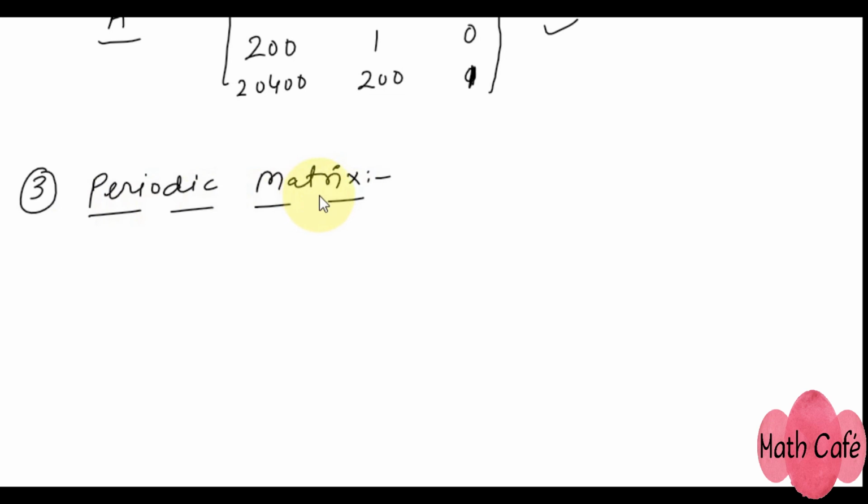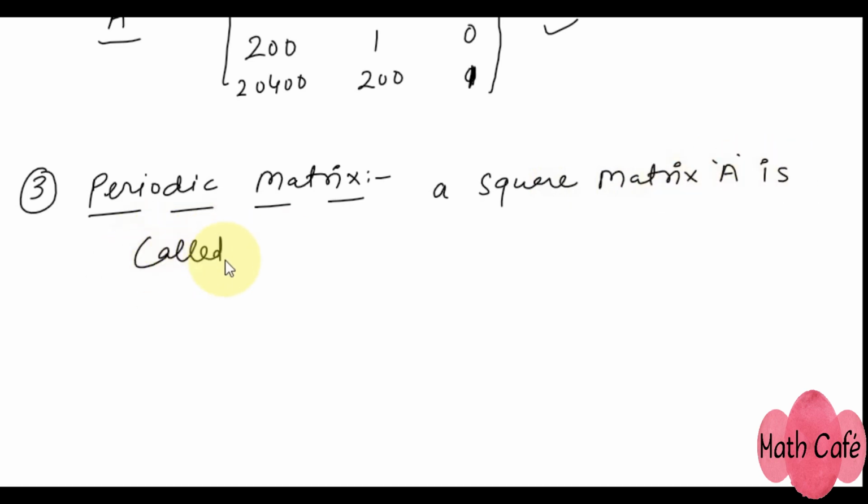A square matrix A is called periodic matrix if A multiplied by A raised to K is the matrix A itself.